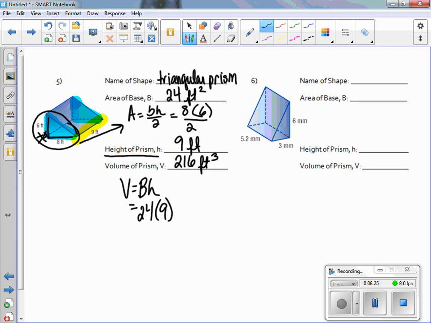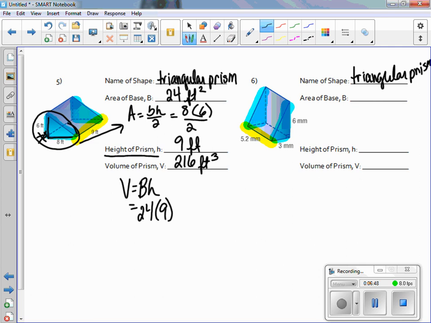Our last example is also a triangular prism. I'm going to highlight my bases. The triangles are my bases. So that helps me see that this has to be the height of the prism, because the height is always the distance between the bases.